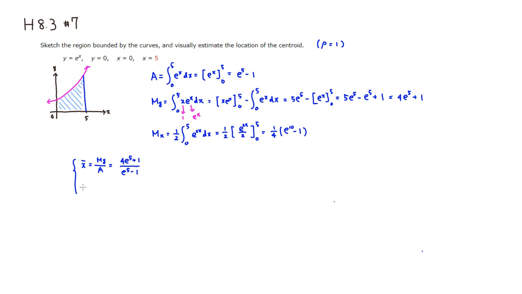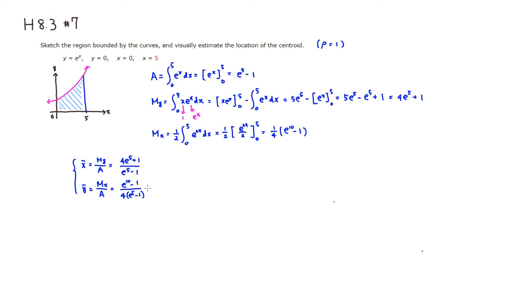Then y bar is going to be the moment about the x-axis over A, which we found to be e to the 10 minus 1 over 4 times e to the 5th minus 1.